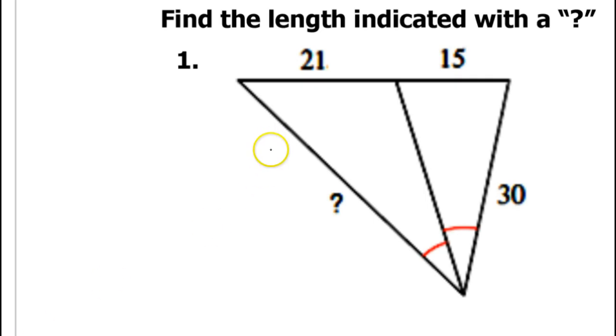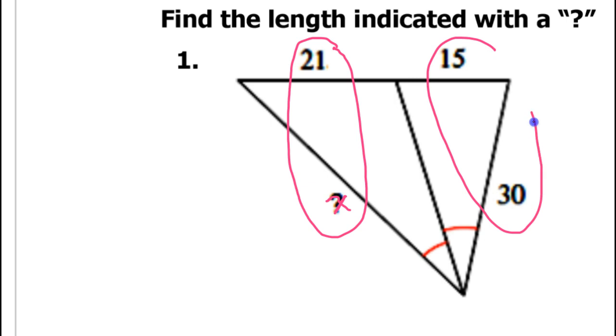So for problem number 1, we can use the side splitter theorem to find the length of the side that has a question mark. Alright, I'm going to go ahead and put an X right here instead of a question mark. So when you do your angle bisector theorem, just make sure you make one fraction out of these two, and then you'll make another fraction out of these two.